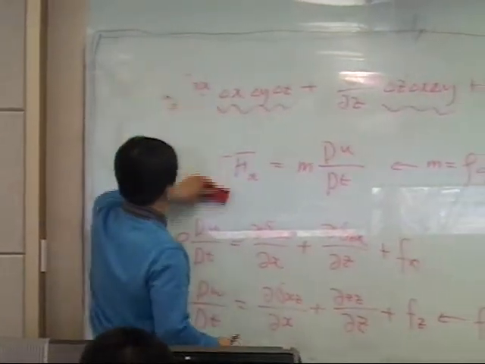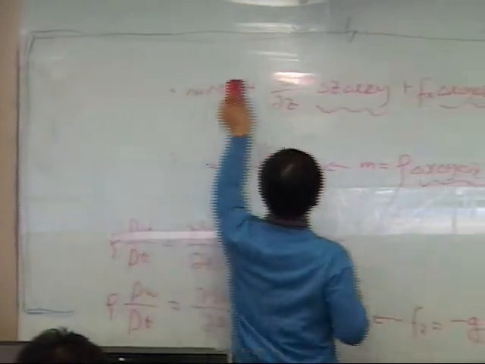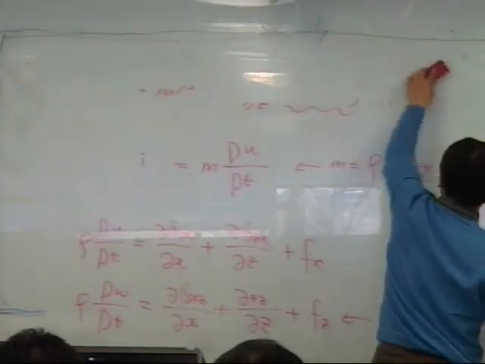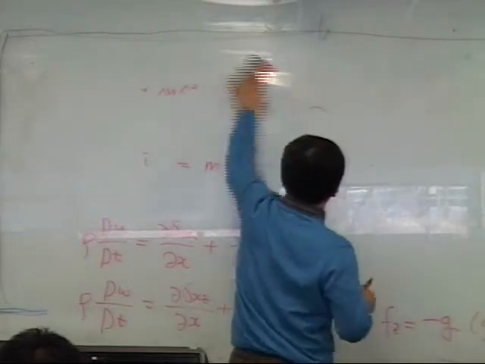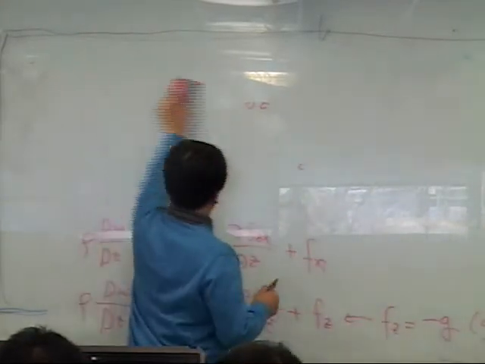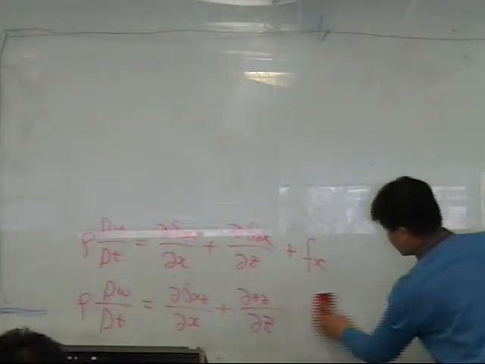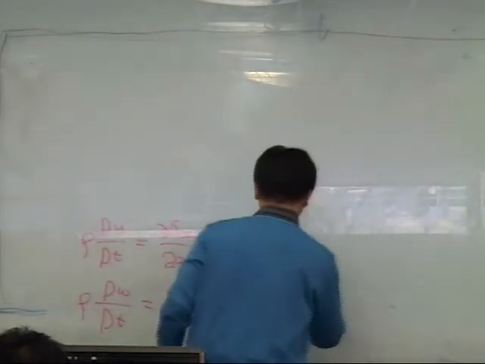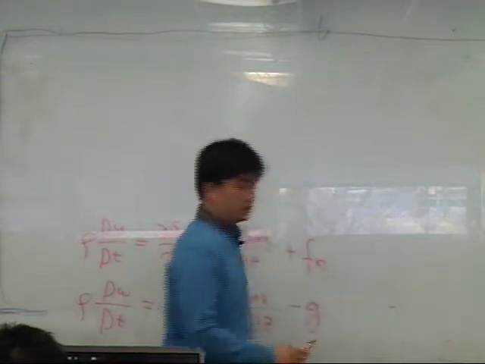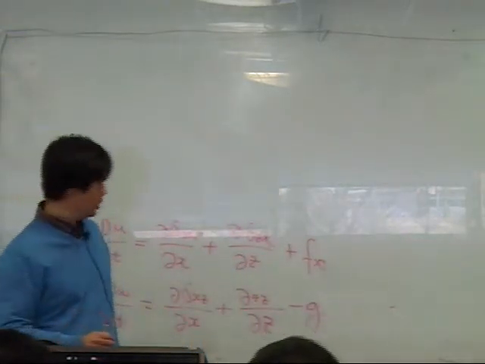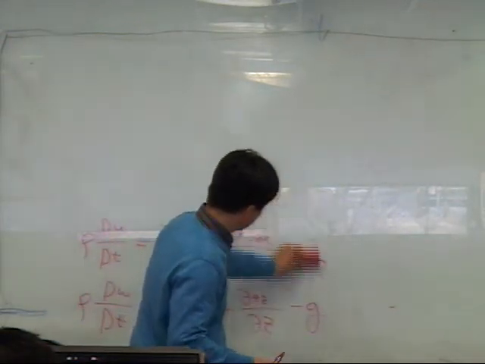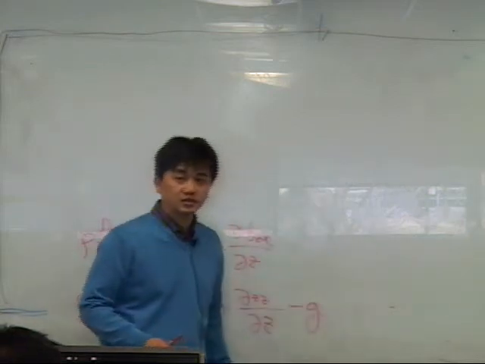Okay, so here, this is our final equation going to be minus g. And usually we don't have body force in the x direction.